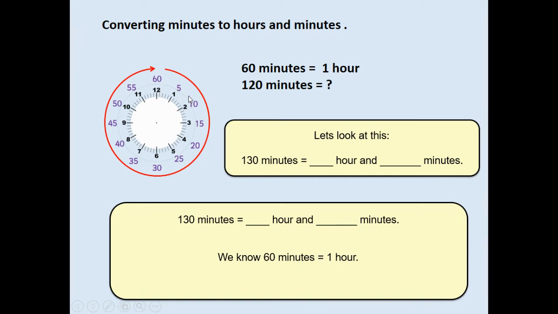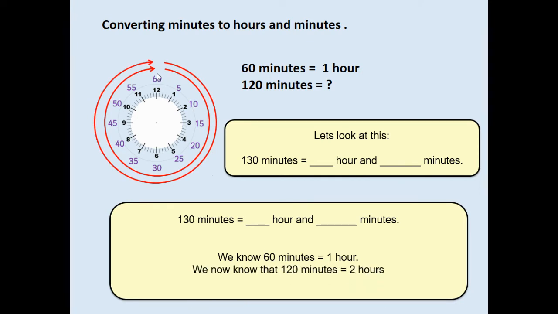So that's 65, 70, 75, 80, 85, 90, 95, 100, 105, 110, 115, 120. So we have gone round another hour. So 120 minutes is equal to 2 hours.